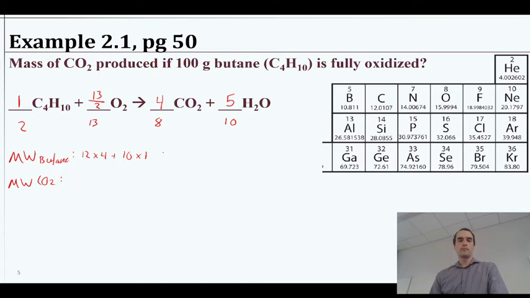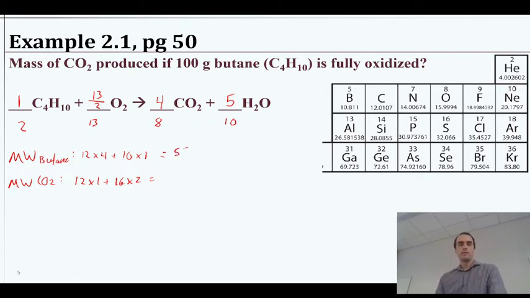Oh, so you have to balance left and right side. But we just have to balance 58 and CO2. So that's 12 plus 16 times 2.